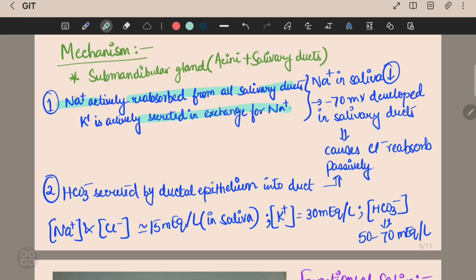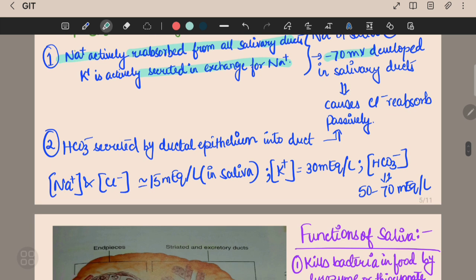So sodium in the saliva will reduce and potassium comes into the saliva. What will happen? There will be development of minus 70 millivolts in the salivary duct, because sodium is moving into the cell, so the ducts have less sodium. Mainly due to potassium's presence they will be slightly negatively charged, because potassium is less present compared to other anions present.